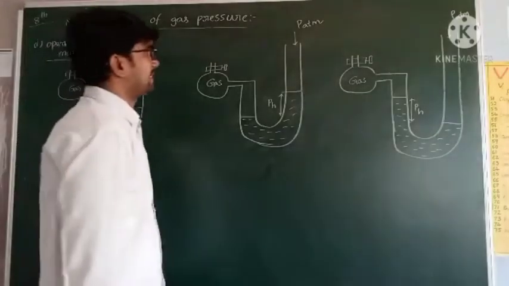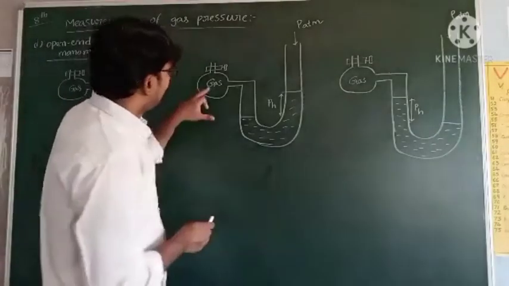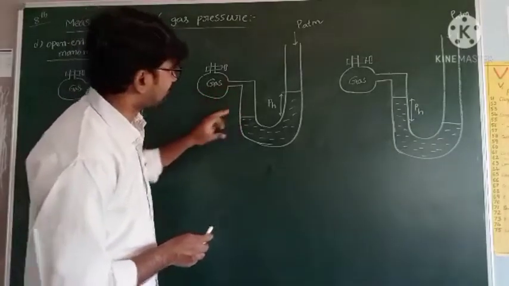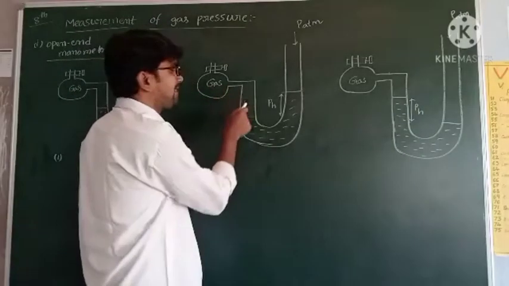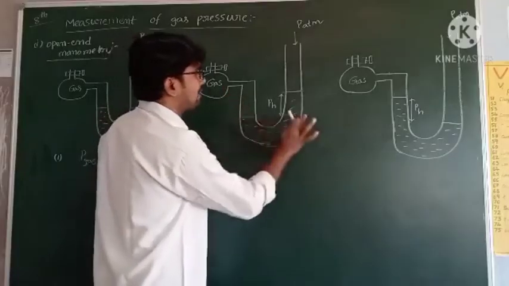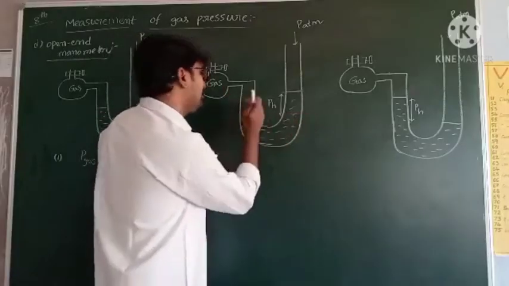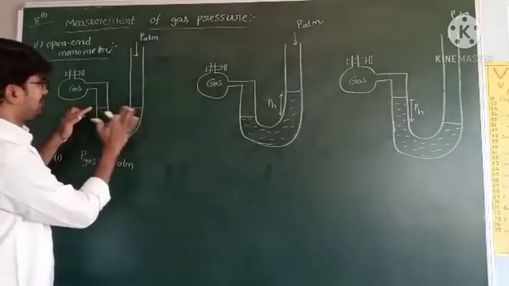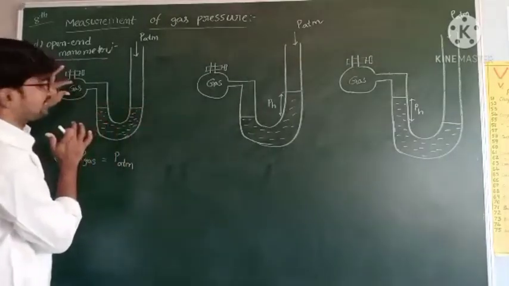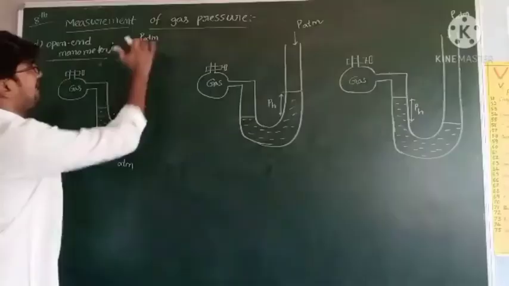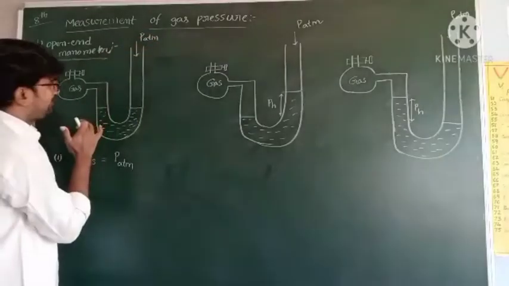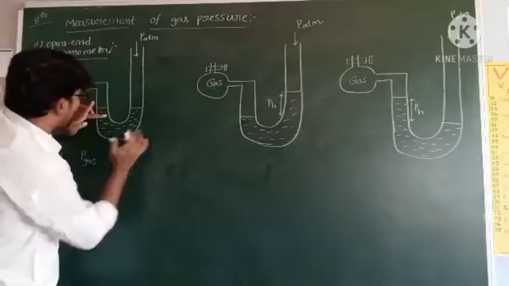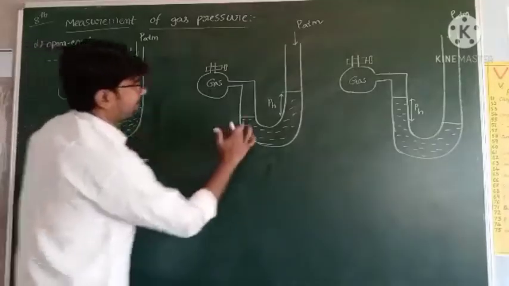Come to the second case. In this case, the P gas is very high. Due to the gas pressure being very high, these limbs are not equal, while the liquid initially starts at the same surfaces. But if the pressure of the gas is very high compared with the pressure of the atmospheric gas, this one moves down and this one moves up.